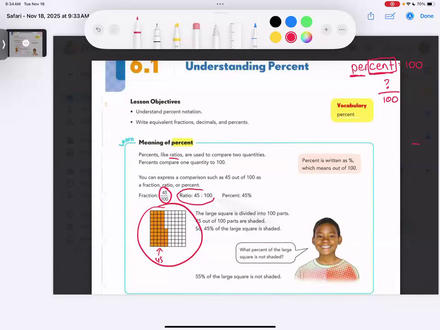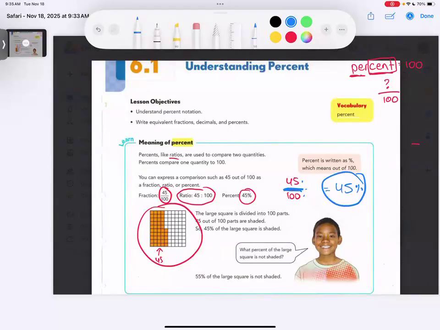As a ratio, it would be 45 colored to 100 total. And as a percent, it would be 45 over 100, which literally means 45%, because we know that this dividing line literally means per, and we covered that in our rates. So this is 45 out of the 100, or 45 per every 100, which is 45%.